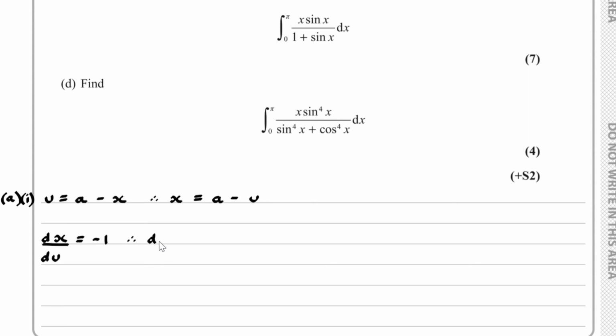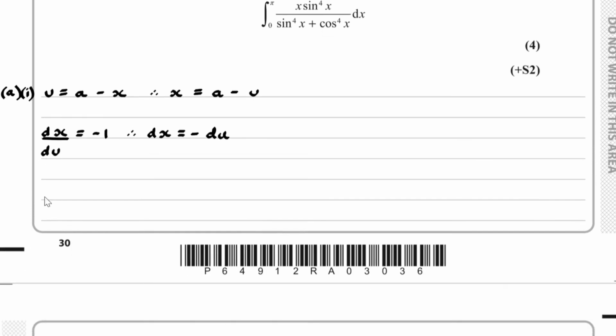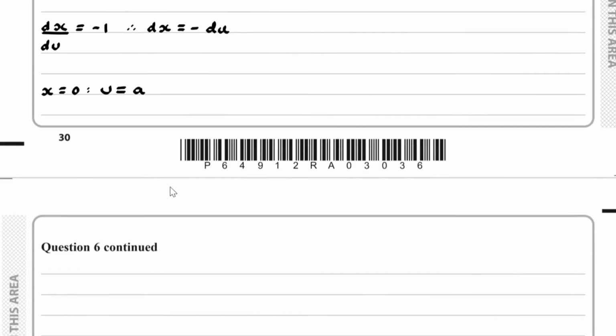So therefore, dx is equal to minus du. And so, you can see, when x is equal to 0, u is equal to a minus 0, which is just a, and when x is equal to a, u is equal to a minus a, which is 0.